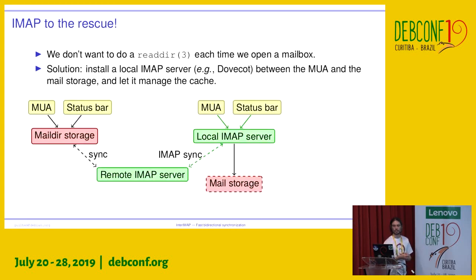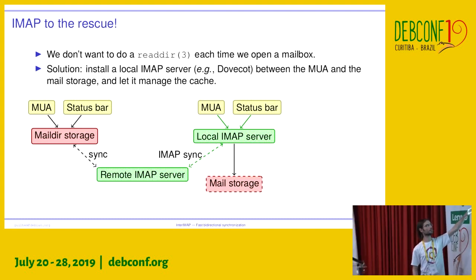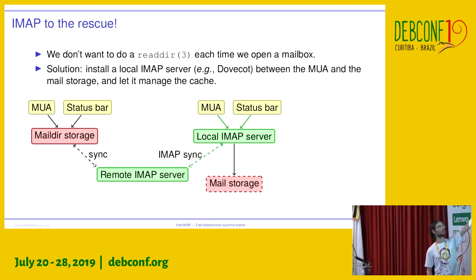Anyway, so in the picture, what I would like to suggest is to move from the left-hand side into the right-hand side. So in the left-hand side, you have two mail clients, like Mutt, Thunderbird, whatever, and then the status bar that reads the number of unread mails, and they are both reading what you have in your mail storage, and then you have some synchronization solution like OfflineIMAP to the remote IMAP server.